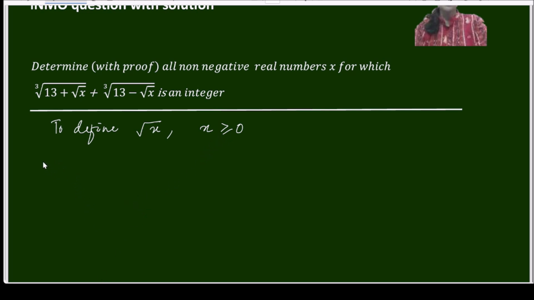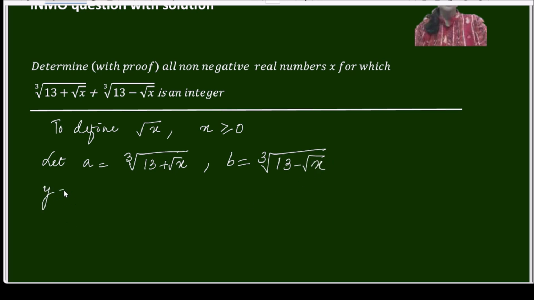Now let's take the whole thing as y, where let a equal cube root of 13 plus square root of x and b equal cube root of 13 minus square root of x, and y be a plus b.